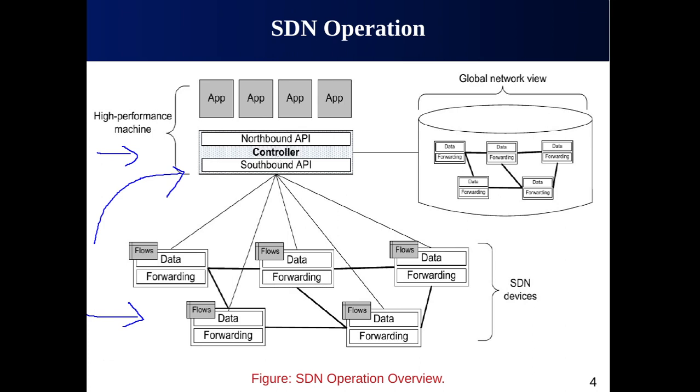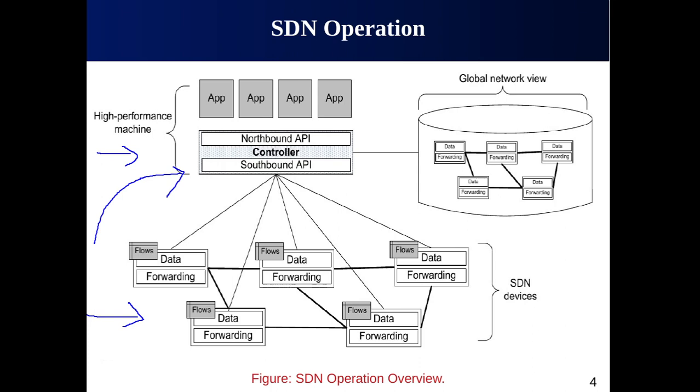Since in a traditional network each device has its own control plane, the primary task of that control plane is to run routing or switching protocols so that all the distributed forwarding tables on the devices throughout the network stay synchronized with one another.